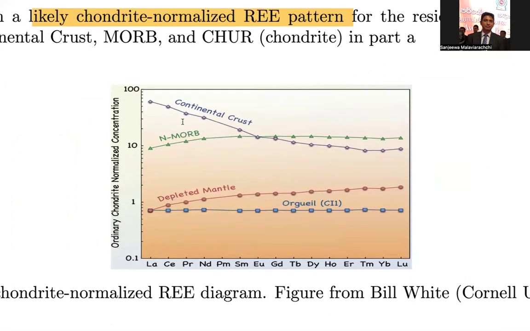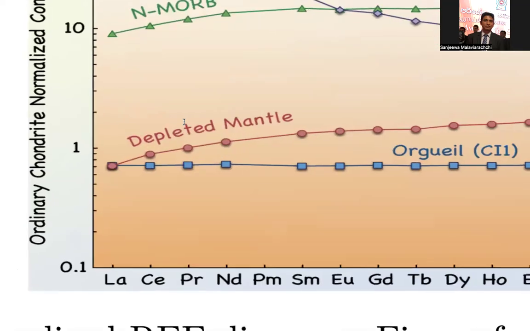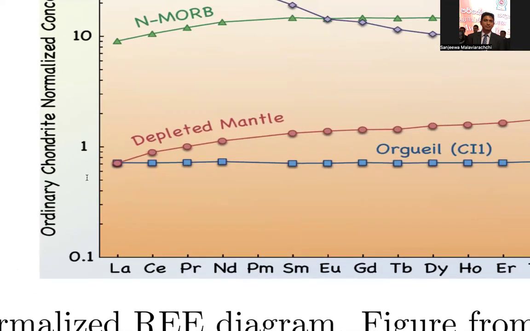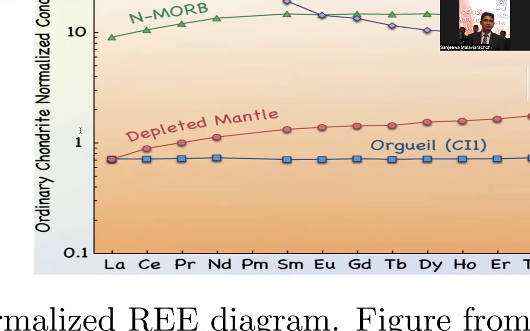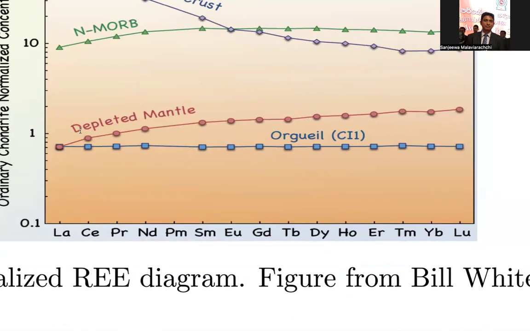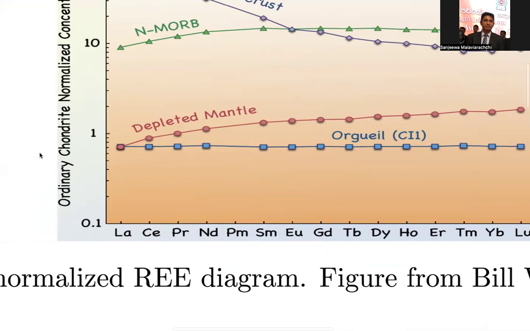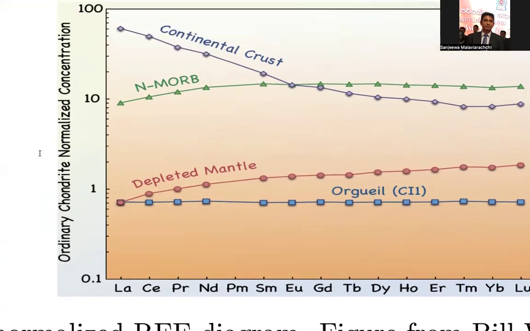If you draw the chondrite meteorite pattern, it should be your sample divided by chondrite, that means chondrite divided by chondrite, which should be 1. But due to some reason, this particular chondrite, C2. This normalization we do based on C1 chondrites. There are two types of chondrites: C1 chondrites and C2 chondrites.